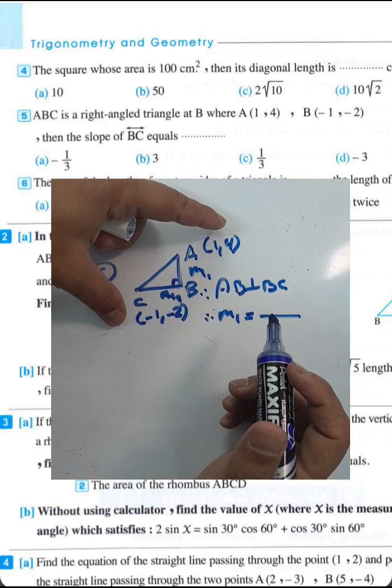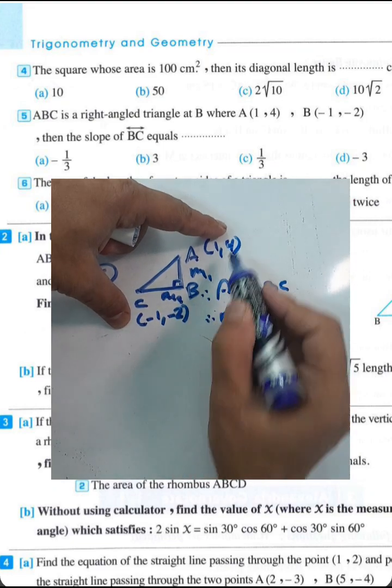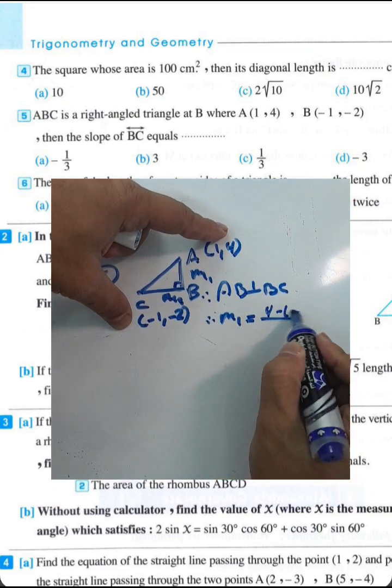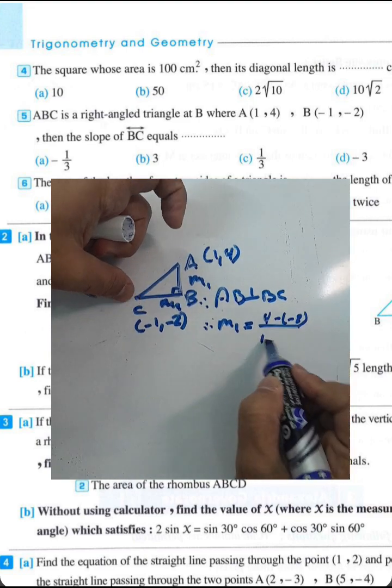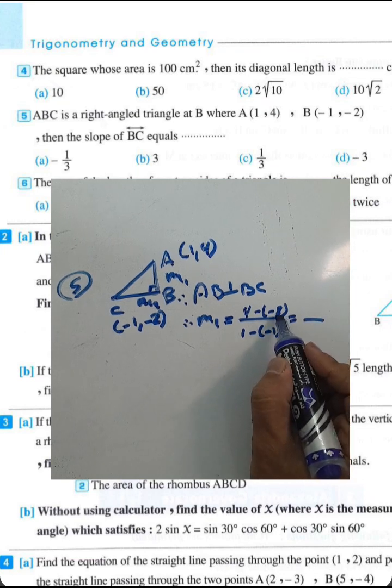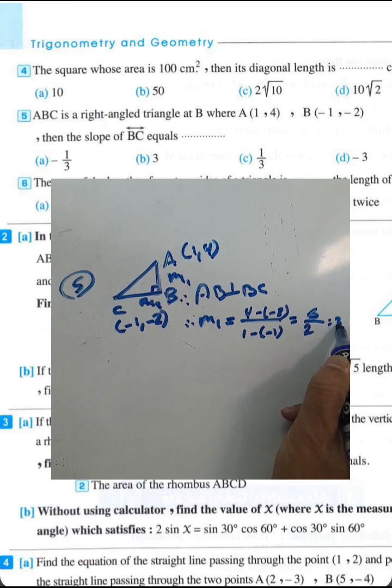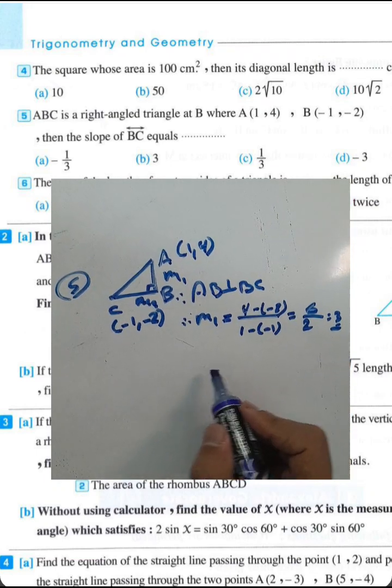So we can find the slope of AB: y2 minus y1, 4 minus negative 2, over 1 minus negative 1. 4 plus 2 will be 6, 1 plus 1, equal to 6 divided by 2 equals 3. It's slope 1.